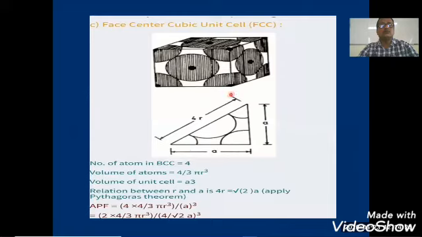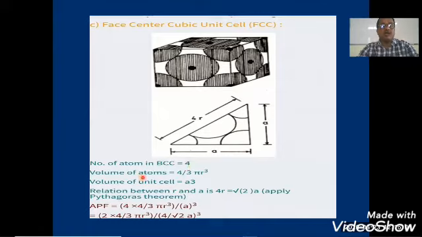Now what about FCC unit cell? In FCC unit cell, we have units at the corners and units at the center of faces. The relationship between a and r is 4r equal to √2 a. That means a will be equal to 4/√2 r. So in case of FCC unit cell, the number of atoms in FCC, this should be FCC, there is some printing mistake in the slide, is 4.